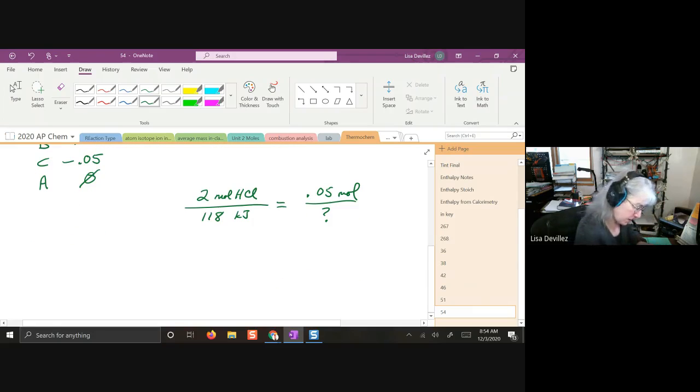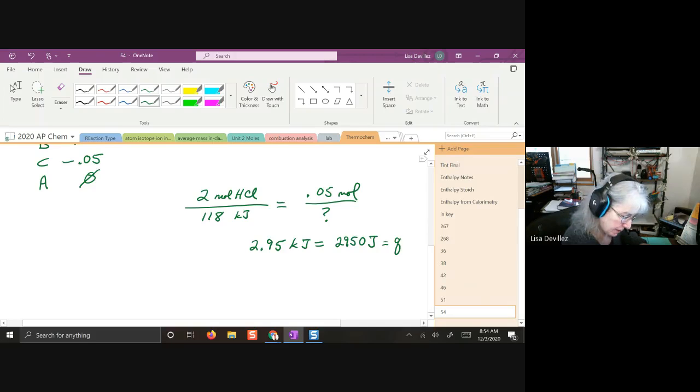So that's going to be 0.05 times 118 divided by 2. So I'm getting 2.95 kilojoules, which is going to be 2950 joules. So that's my Q.